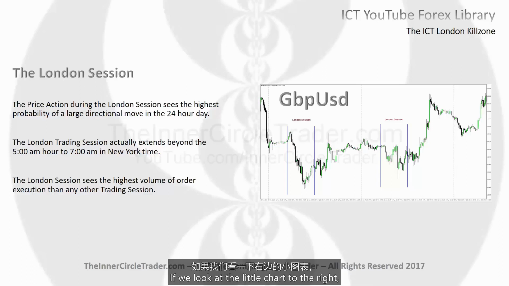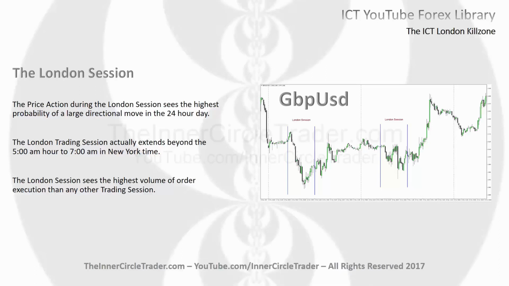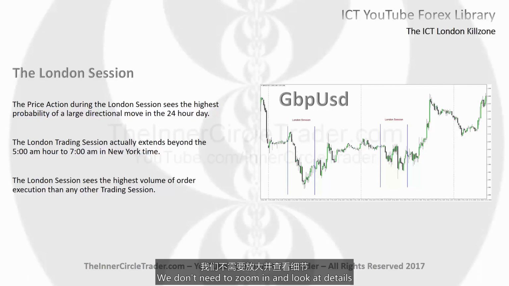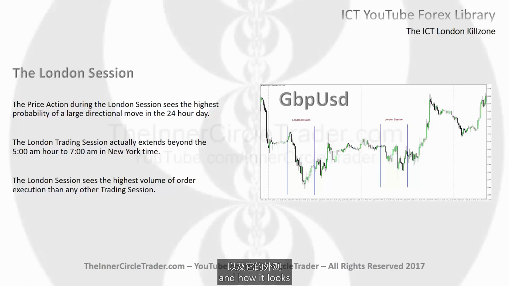If we look at the little chart to the right, and again, all I'm trying to do is show the profile itself. We don't need to zoom in and look at details of wicks and candle bodies. I just want you to look at it graphically in terms of the way the ranges expand and how it looks overall. So we have trading day here. We have consolidation.